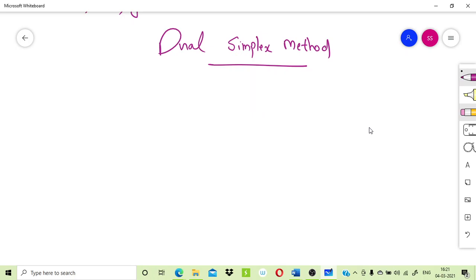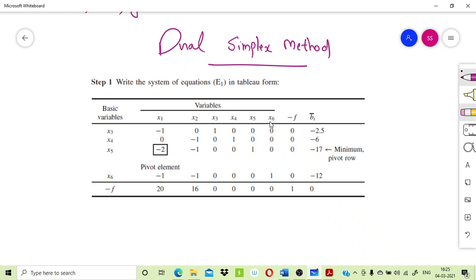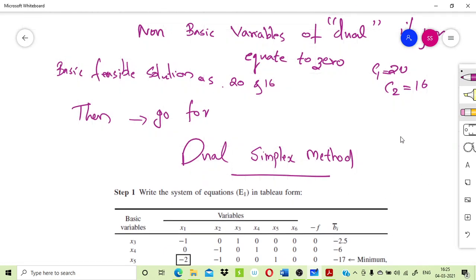So we will proceed with our simplex method, and in order to proceed, we have to construct a table for the first iteration, right?